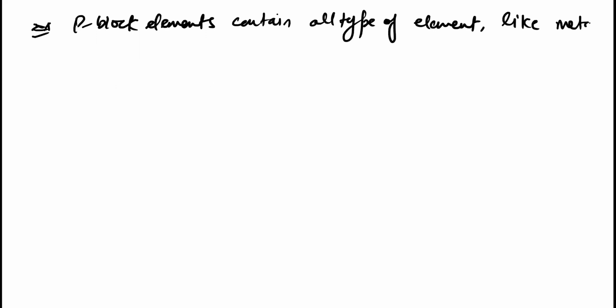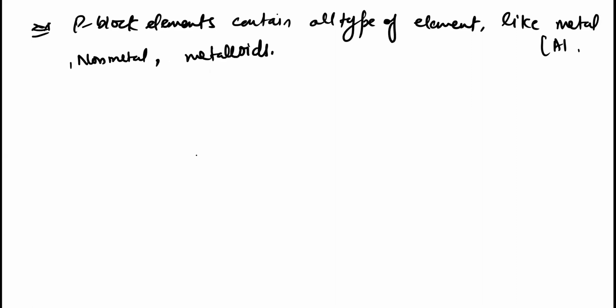Metals like aluminium, and non-metals like fluorine, chlorine, bromine, iodine. And metalloids are all present in the P block elements. Got it?